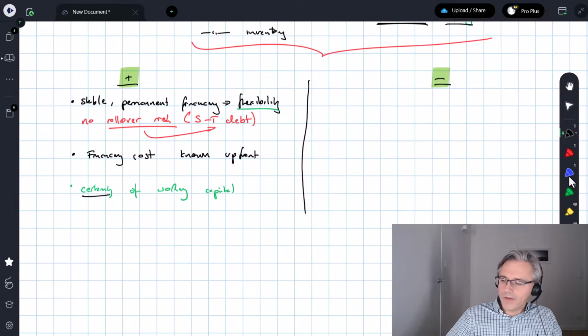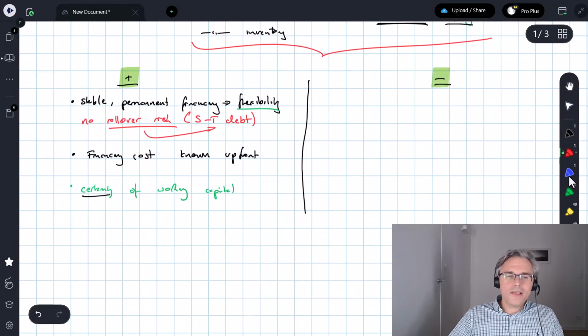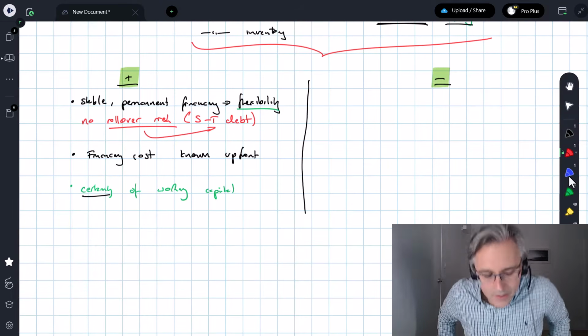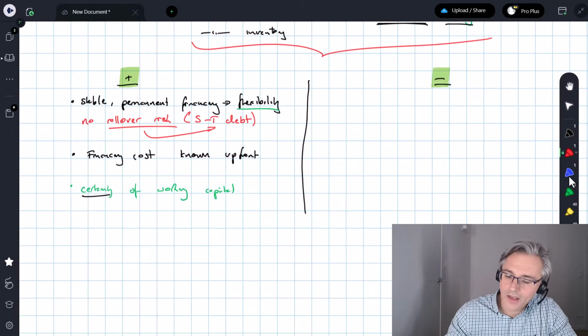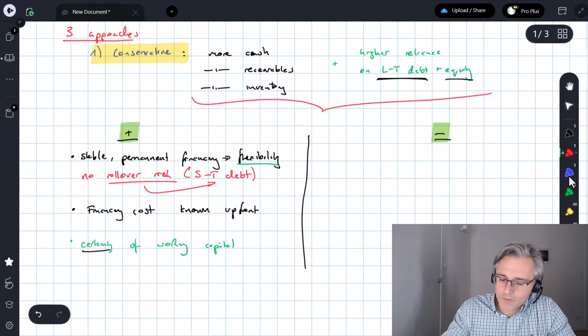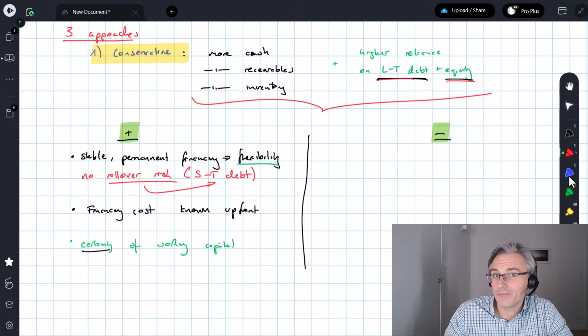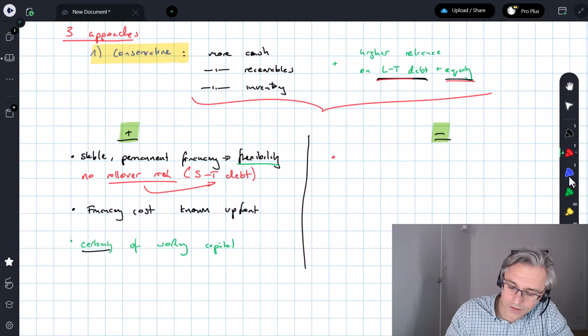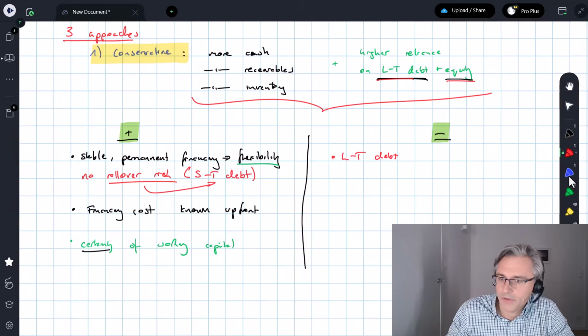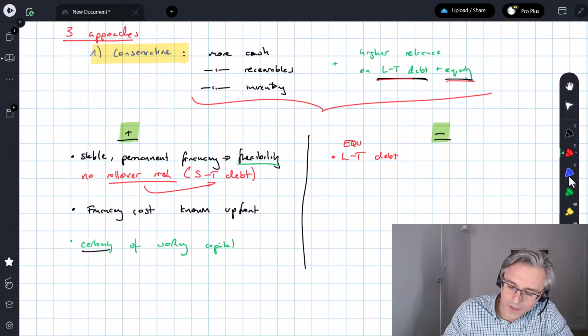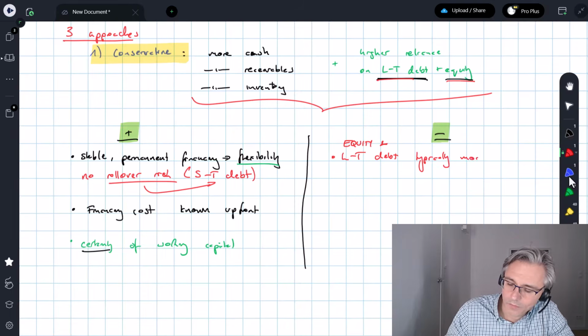Now, the problems with this approach are numerous. Yes, it is comfortable to have that flexibility and that certainty, but it comes at a cost, because funding the investment into short-term assets with long-term debt and equity means you're funding it with relatively expensive sources of funding. Long-term debt is typically more expensive than short-term debt, and equity for sure is more expensive than short-term debt.